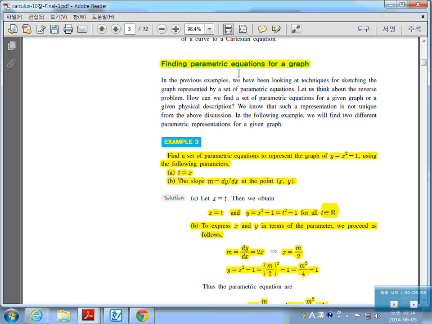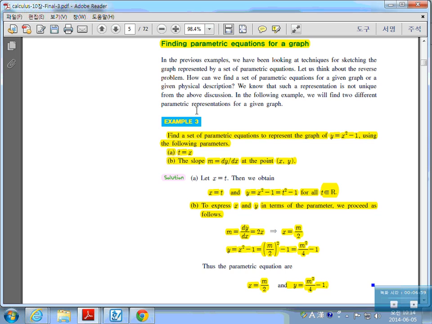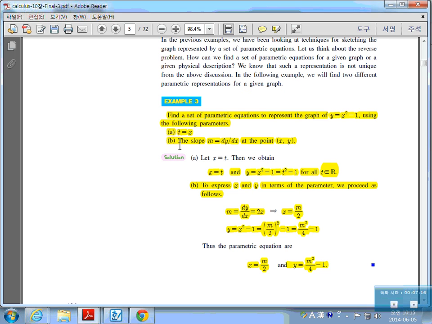Finding parametric equations for a graph. The example says, find the set of parametric equations to represent the graph of y equals x squared minus 1 using the following parameters. The first case is that t is equal to x. And the second, the slope m at the point (x, y) is dy over dx.